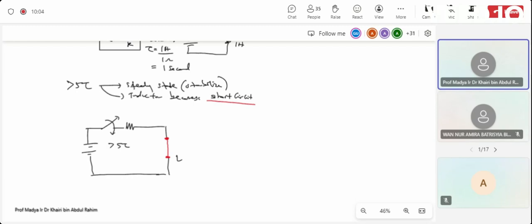So and therefore over here IL is at the highest, okay, equals E over R, right?